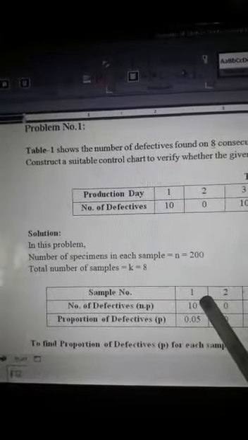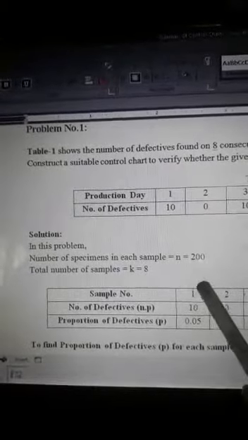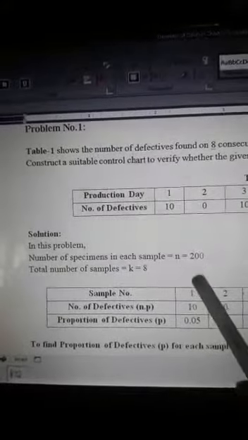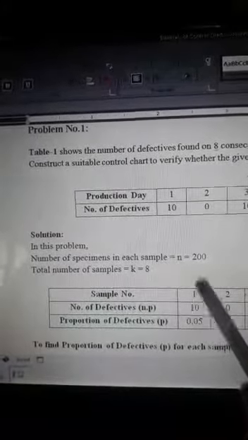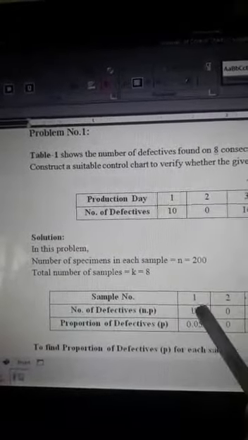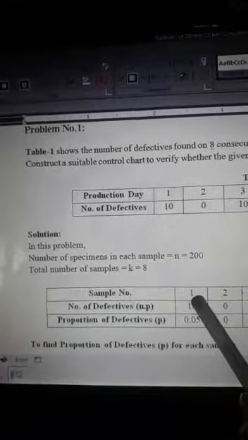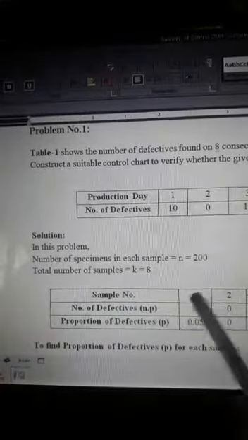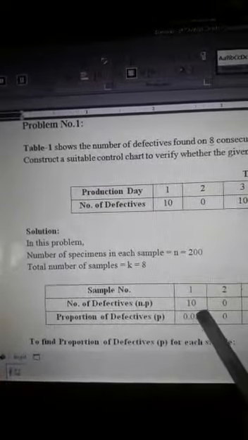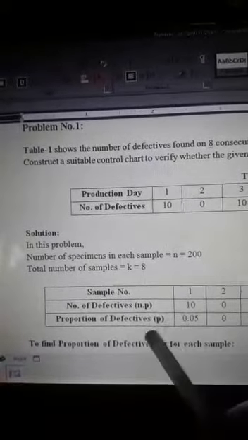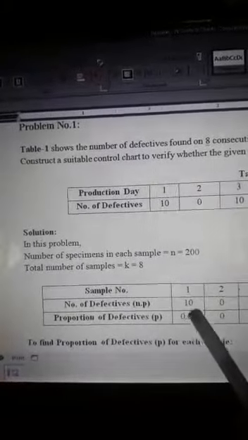That 200 is the sample size, and that sample size is nothing but n. So this np, that is 10, divided by this n, that is 200, gives the value of p, the proportion of defective, for sample number 1.